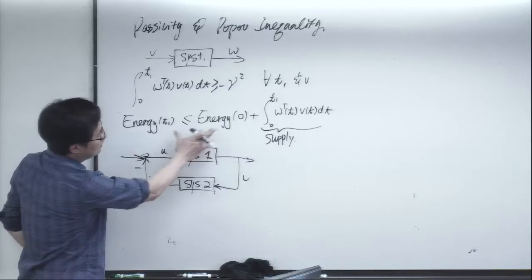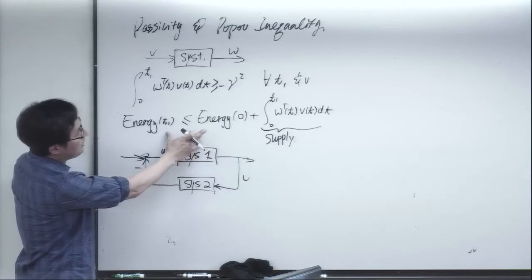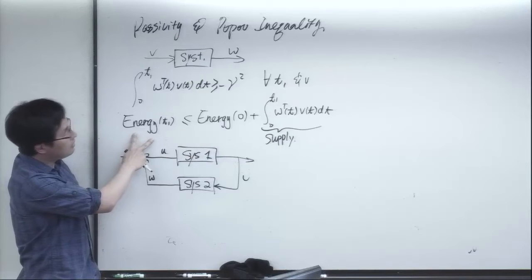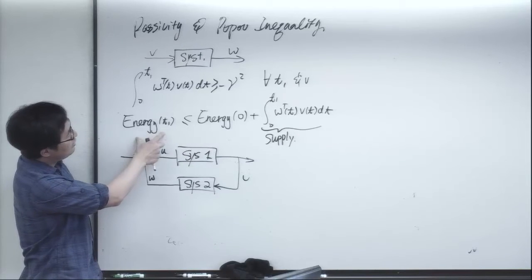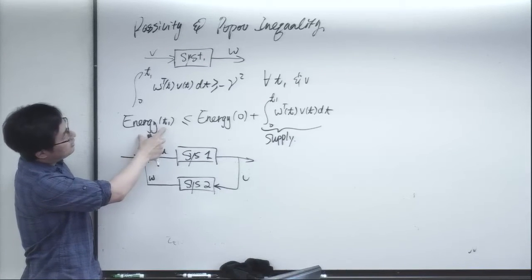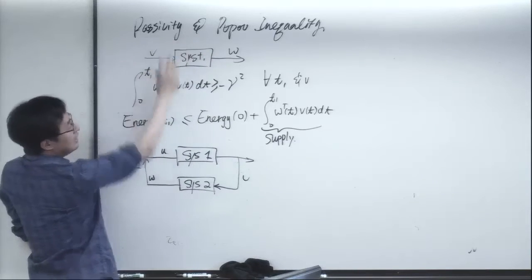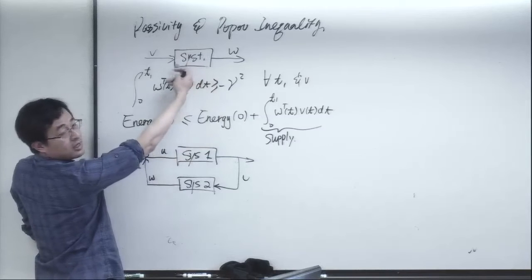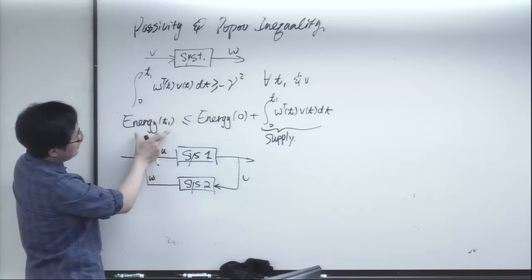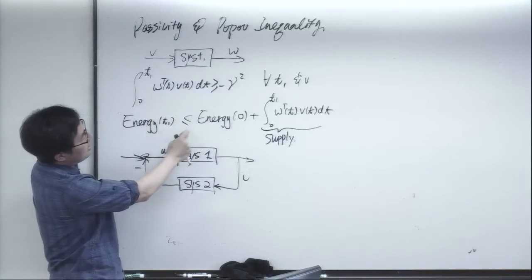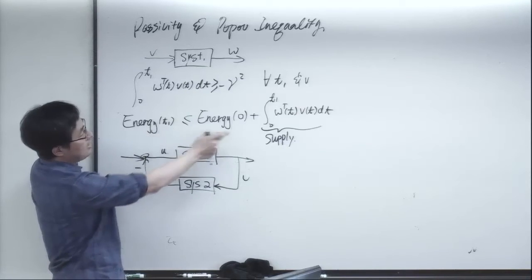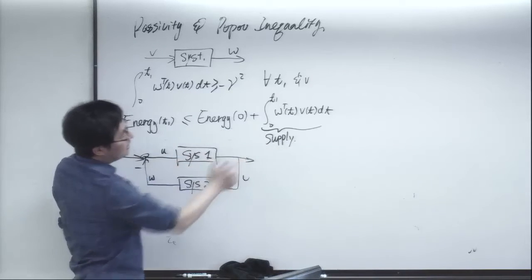Let's say intuitively it can be understood this way. Based on energy conservation for a physical system, energy at a future time, t1, will be less than or equal to, if it's passive, if the system does not generate energy itself, then the future energy will be upper bounded by the original energy plus the supplied energy to the system.